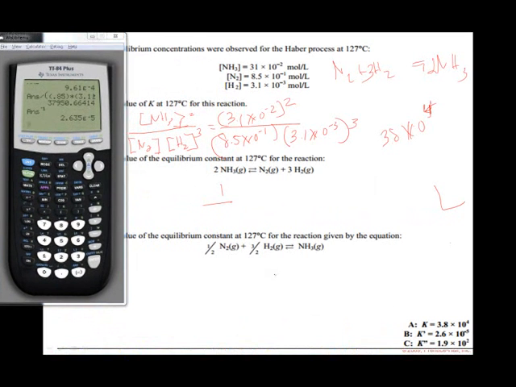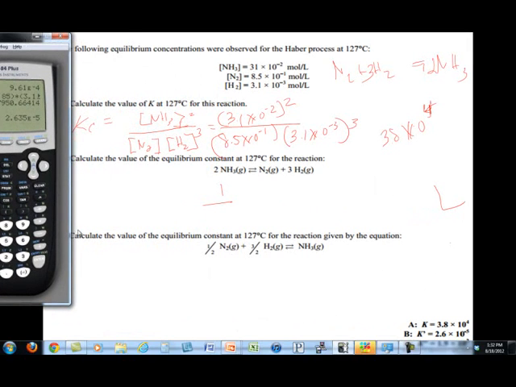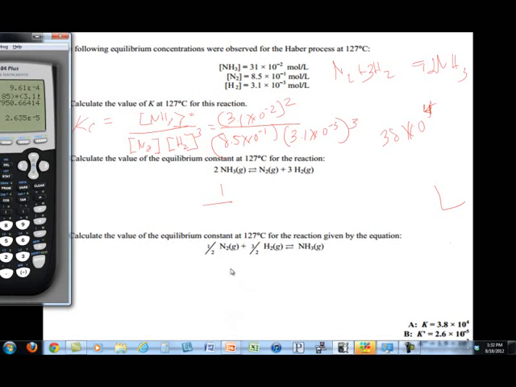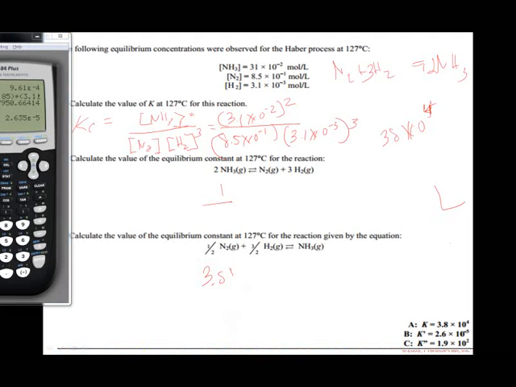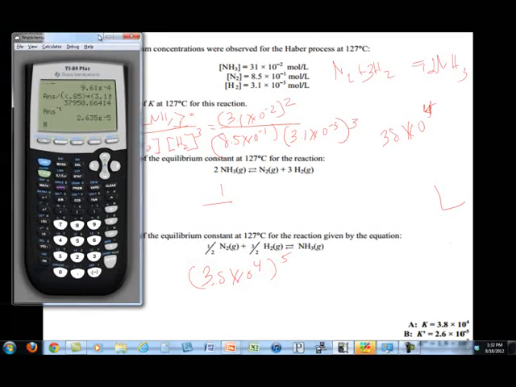Okay. Now what I have here is calculate the value of the equilibrium constant for this. Now this is exactly 1/2 of what I had here. Okay? So if it's 1/2, I can raise this to the 1/2 exponent, right? So it's going to be 3.8 times 10 to the 4th, and I'm going to raise that to the 1/2, or the 0.5, right?